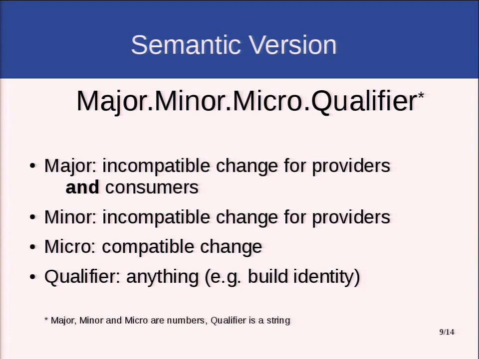My provider has to implement that method, but my consumer doesn't necessarily have to use it. So the consumer is backwards compatible, but the provider is not. Hence, a minor change. And a micro change is when I break no one. I do, for example, a bug fix, a code change in an internal package, internal class, whatever. Major, minor, micro are numbers. The qualifier is a string.